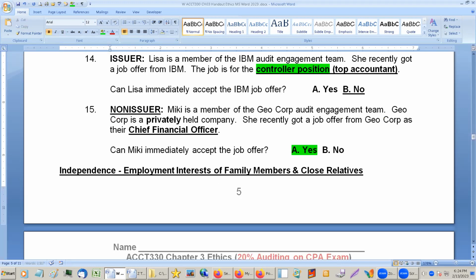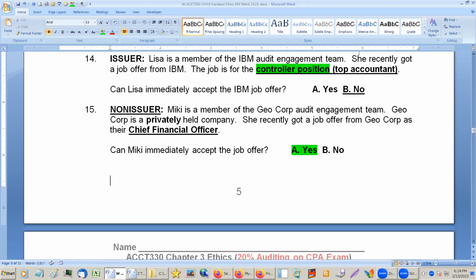Now, truthfully, a lot of times companies that aren't publicly traded are smaller companies. And if you're working as an auditor at a CPA firm, it's very likely in a smaller company you are going to get a higher position. They may only have 5 people in the accounting area, so when you come from a CPA firm, you may very well be the controller or chief financial officer.